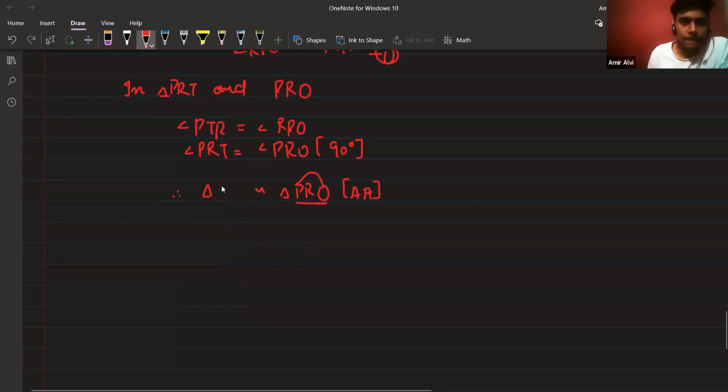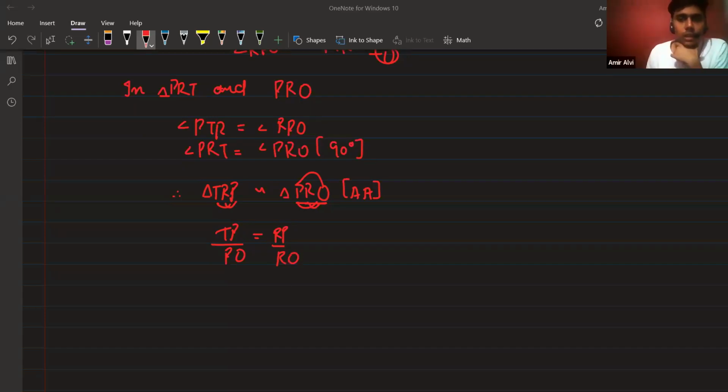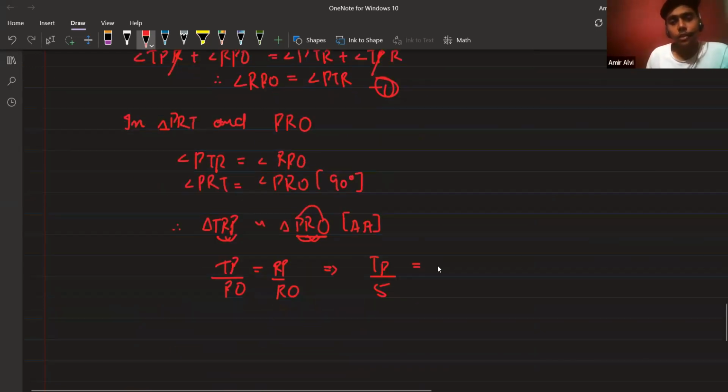So TP will be corresponding to PO, equal to RP, and RP will be corresponding to RO. Okay, now clear. So TP remains as it is. PO is 5. RP is 4. Sorry, it's my mistake, I've taken the name in the wrong manner.